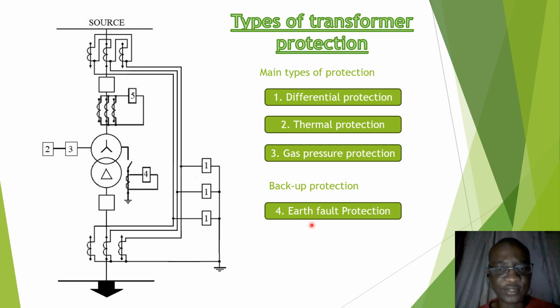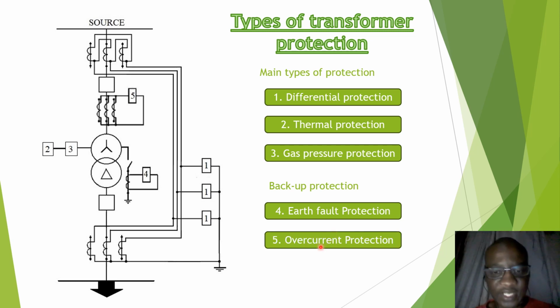This leads to current imbalances in a three-phase system in the transformers, and so our earth fault protection measures these imbalances and moves to disconnect the transformer in the case of such faults.